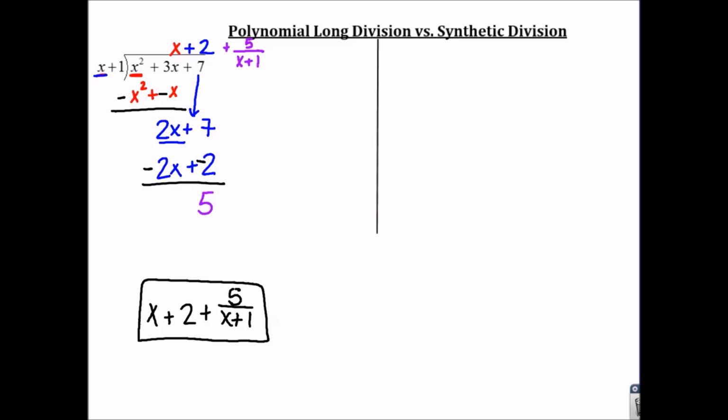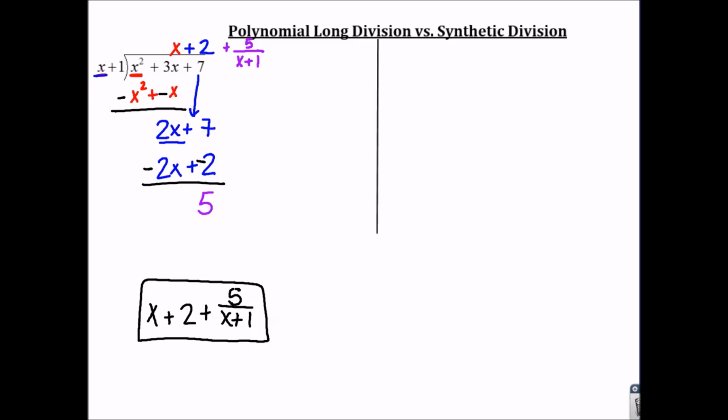But this is just an example of how to do long division, and I'm going to show you how synthetic division works. So, when you do synthetic division, this only works if you are dividing by a linear term. So we're dividing by x plus 1. That's a linear polynomial.